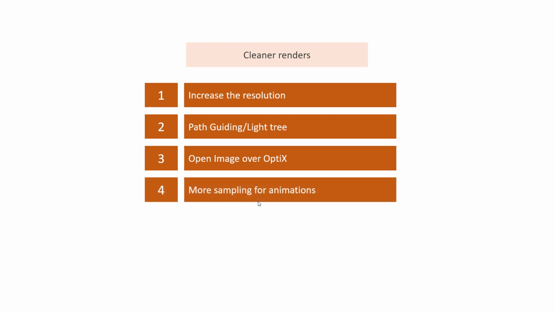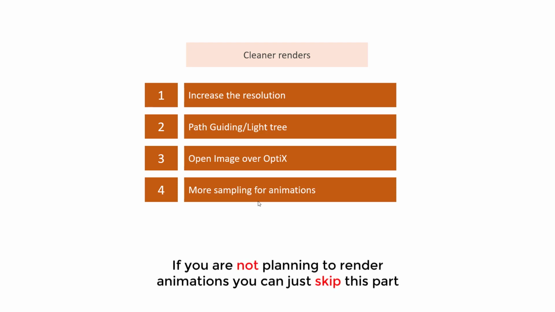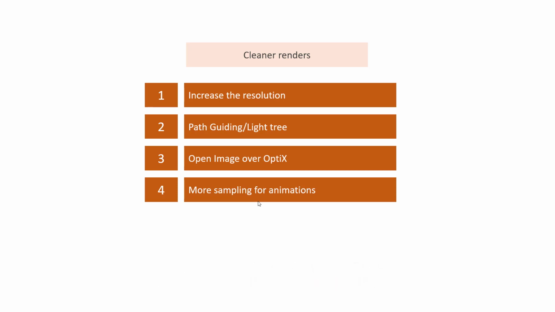So the next step is more samples for animations. When you are rendering animations, you will definitely need more samples, because to get cleaner renders and smoother animations, you need more samples. Rendering animations is really different from rendering still images. For still images, most of these solutions will work, but for rendering animations, you will definitely need more samples.